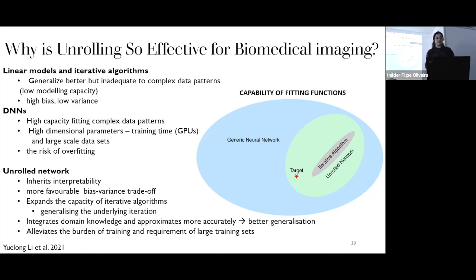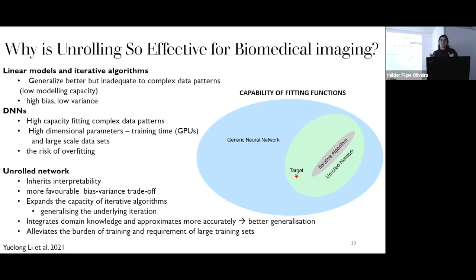And then we have that the unrolled network also inherits the interpretability of the iterative algorithm. And then we have a more favorable bias and variance trade-off. And also they expand a bit the capacity of the iterative algorithm.